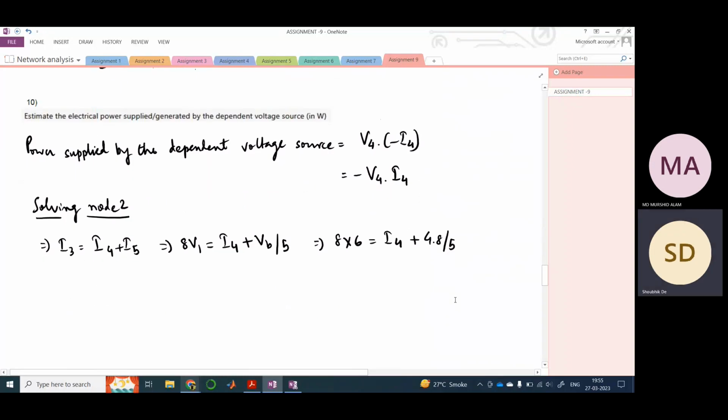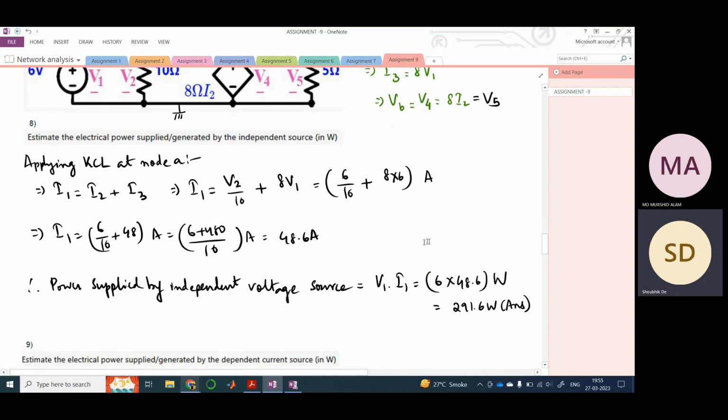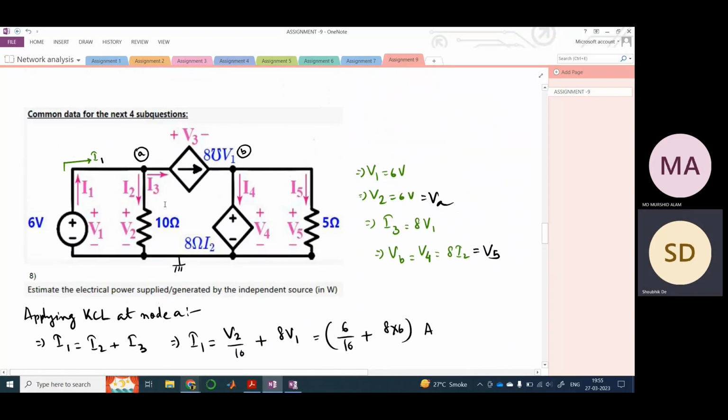Wait, I might have made a mistake. Just a minute. Okay, V4 is also VB, right? Yeah, V4 is also VB. I'm sorry for the delay. V4 is also VB because this is the same terminal.